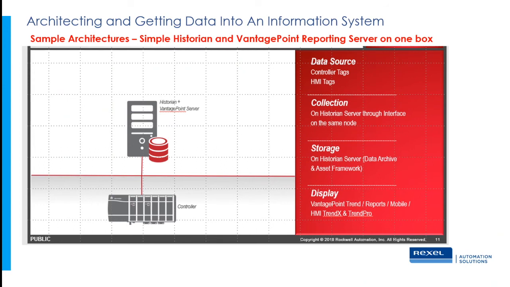It really makes your job much easier and is really the modern way to install software today. So a very simple server with Historian and Vantage Point: start to collect data on a server box and start to develop reports with Vantage Point.